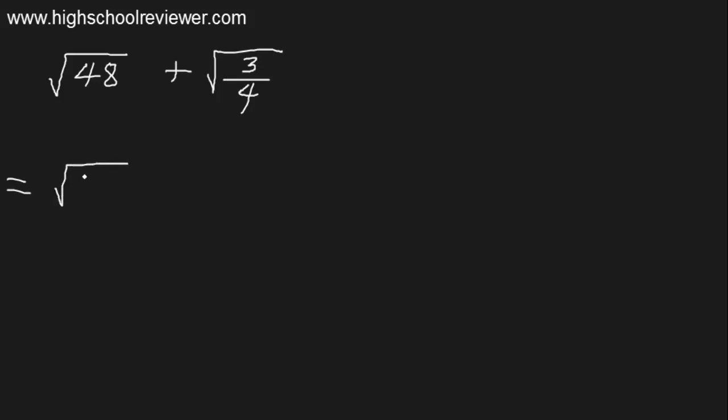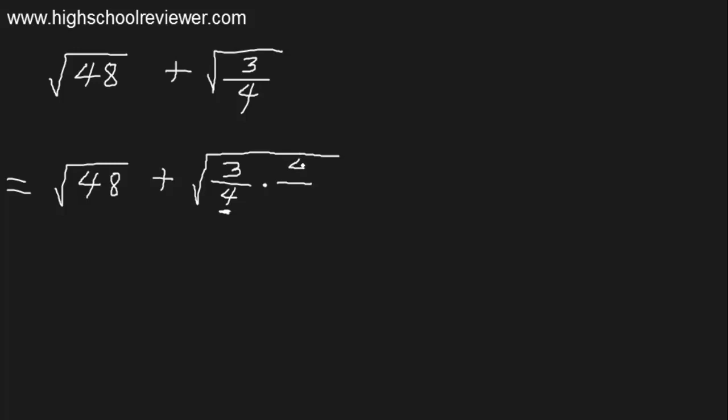Next problem, we will have the square root of 48 plus the square root of 3/4. So to solve this, we will not touch square root of 48 first. We will start to simplify square root of 3/4. So we have here 3/4. Multiply this by a fraction wherein the numerator and the denominator would be the same as the denominator here.